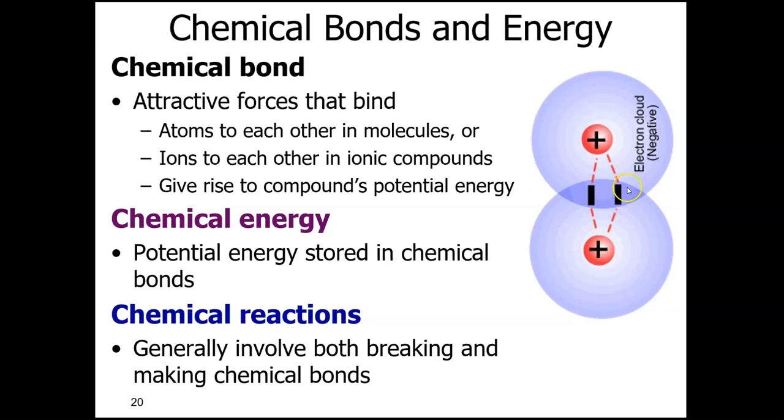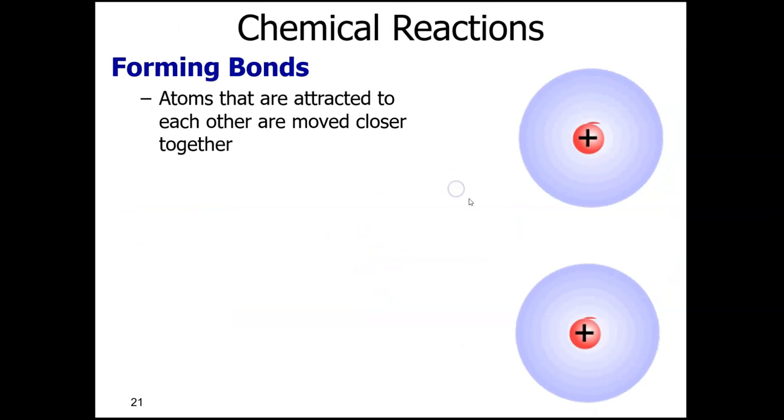The closer these positives and negatives can get to each other, the happier those compounds are and the lower the energy state is. Most things want to get to the lowest energy state possible. So the closer that negative charges can get to positive charges, that's a lower energy state for that system. And those are the things that we're going to be looking at here.